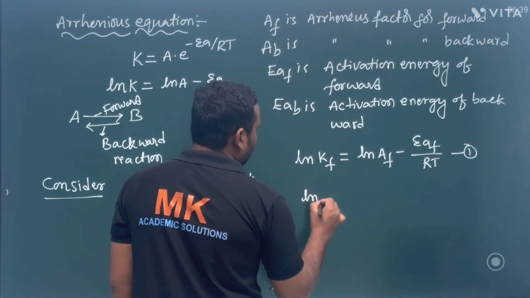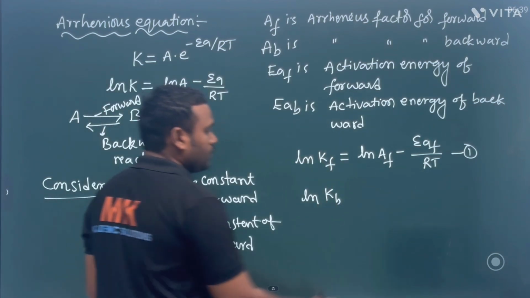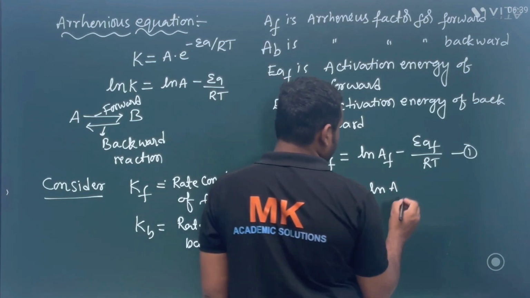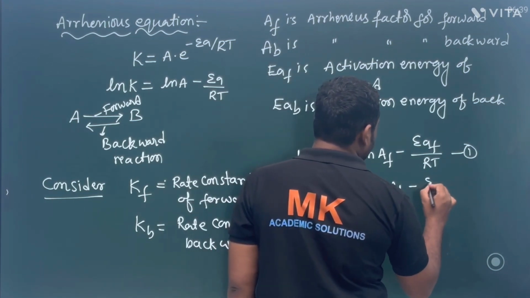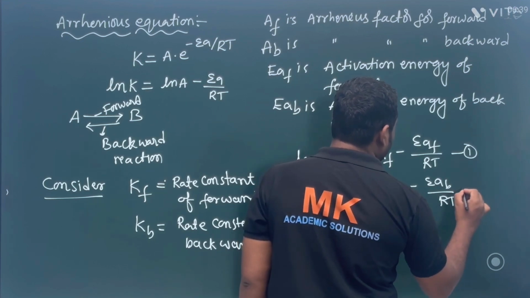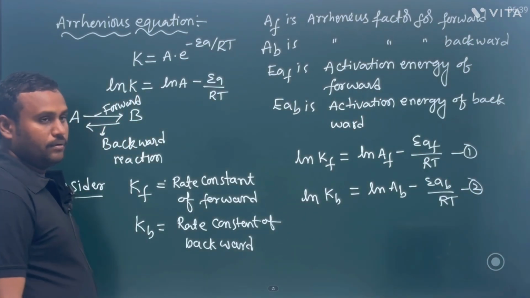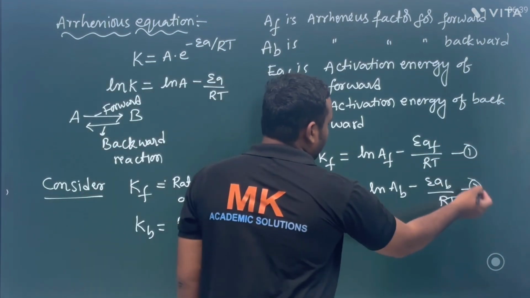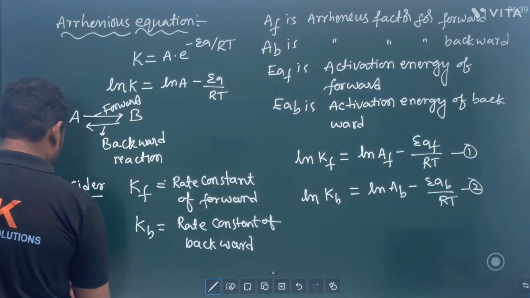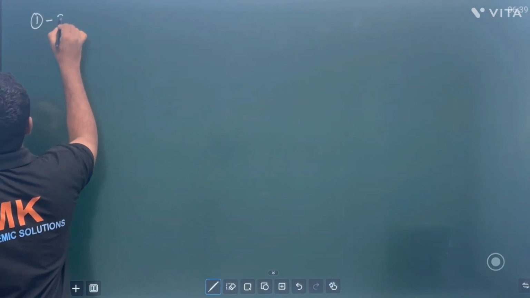Next, ln Kb is equal to ln AB minus EAB by RT. This is equation number 2. So now equation number 1 minus equation number 2 we will do.